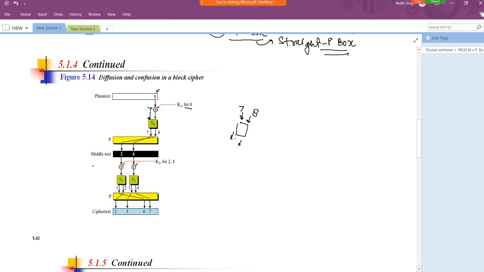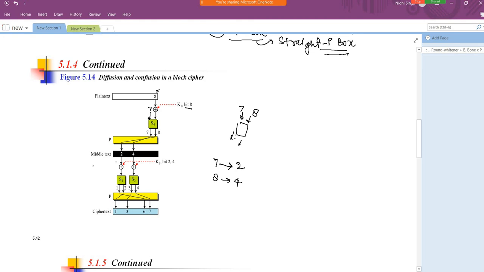So 7, 8 will be the input for this S box and 7, 8 will be the output of this S box. Now the output of the S box will be fed into the P box table, and after the permutation, my 7th bit will be repositioned at 2 and my 8th bit will be repositioned at 4. ठीक है. So 2, 4 में ये convert हो गया और मेरा middle text बन गया.